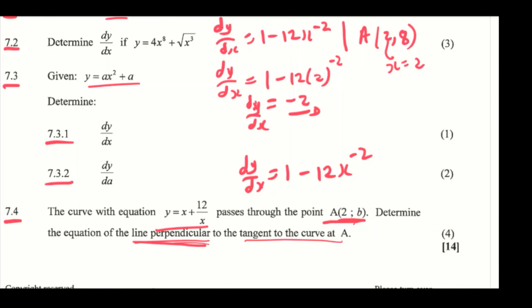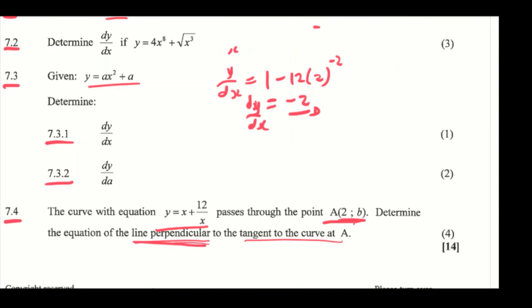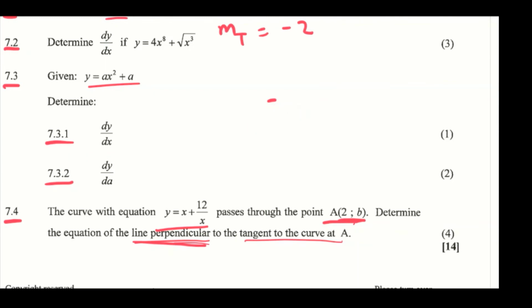So this is dy/dx, the gradient of the tangent, and you're told that this line is perpendicular to the tangent. So m of t is equal to minus 2, that you should note. If it's perpendicular, we multiply the gradients and it must be equal to -1.